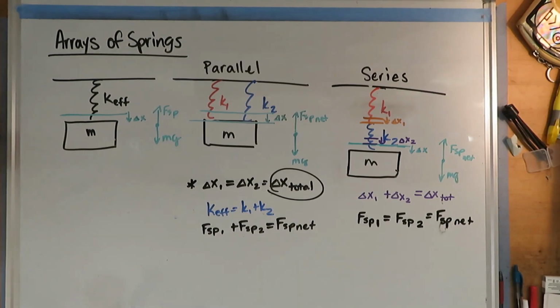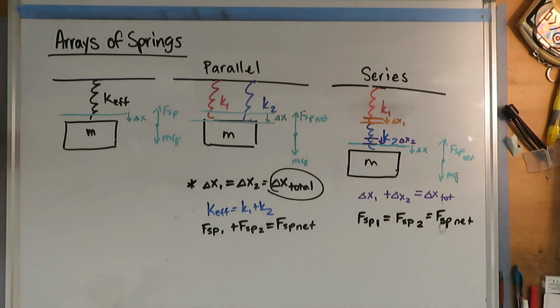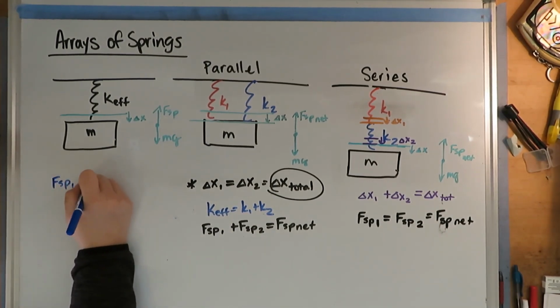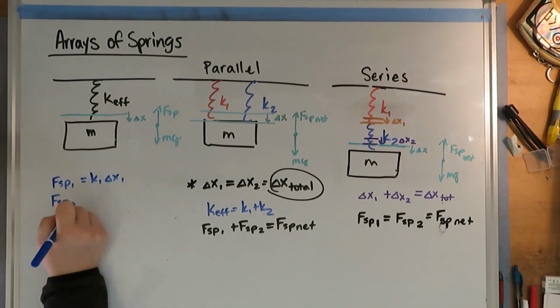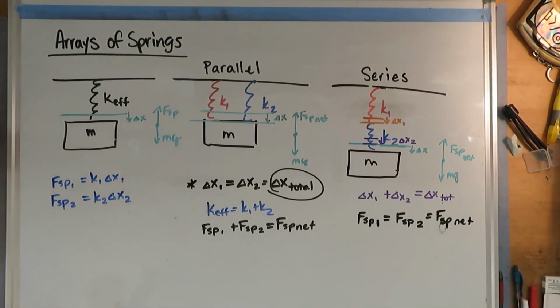So if we take a look at that assumption, delta X1 plus delta X2, over here we can figure out how our K effective works. So I know that my spring force 1 is equal to my spring force 2, which is equal to my spring force net. So I know that FSP1 is still going to be K1 delta X1, and FSP2 is going to be K2 times delta X2.